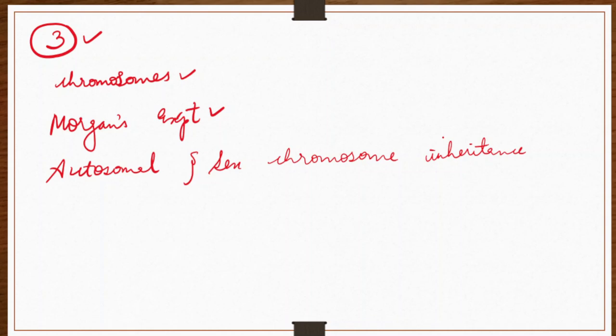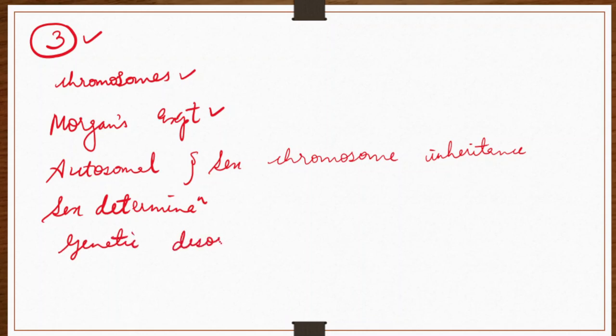So you will have this, and lastly we will have sex determination and then genetic disorders. So how many topics do you have in total? Total you will have topics 1, 2, 3, 4, 5, 6.